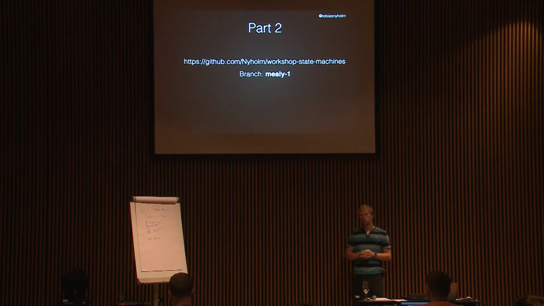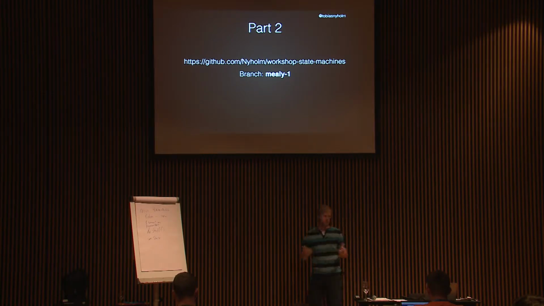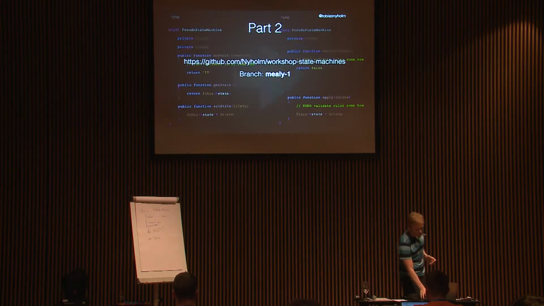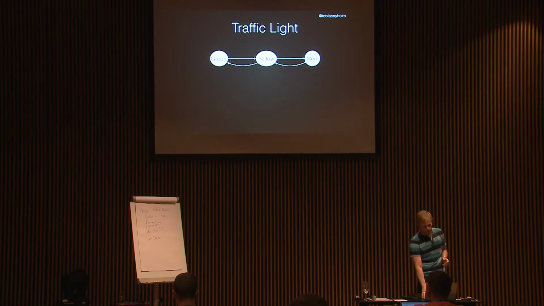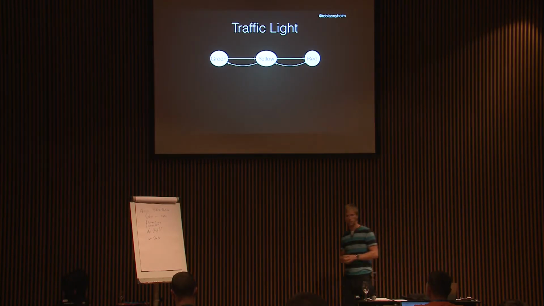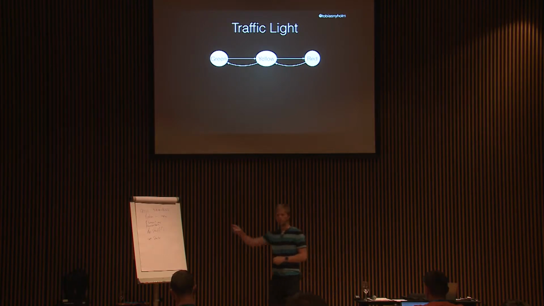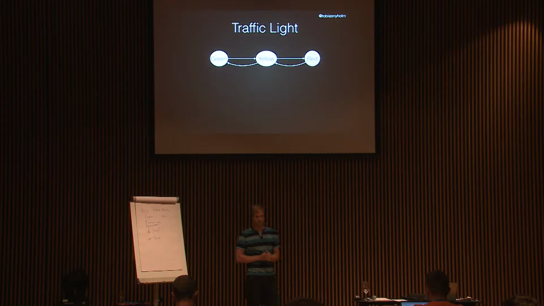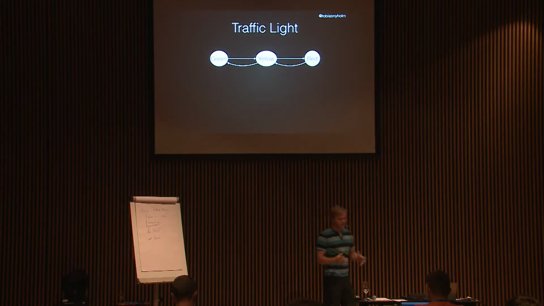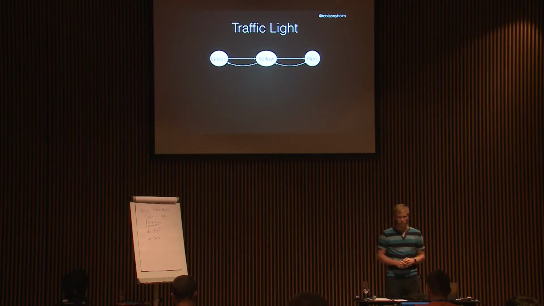The first exercise is to create a state machine that looks like this, and implement that somehow, so we can make sure we can't move to the red light if you're in the green light. The README of this branch explains everything way better, so if you didn't understand what I said, just look at the README.